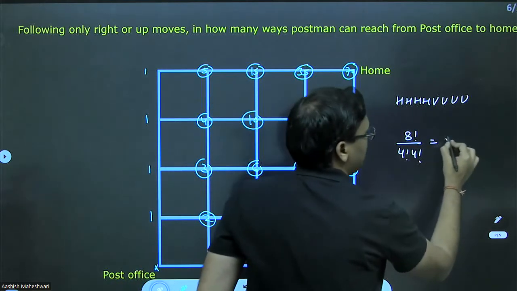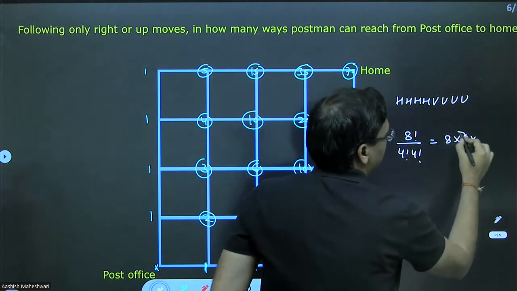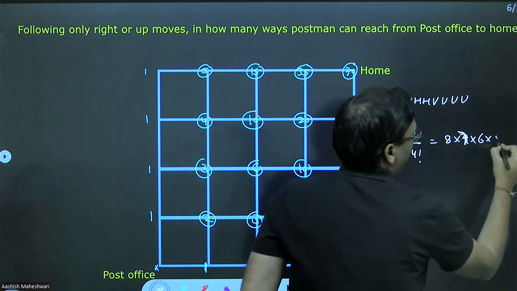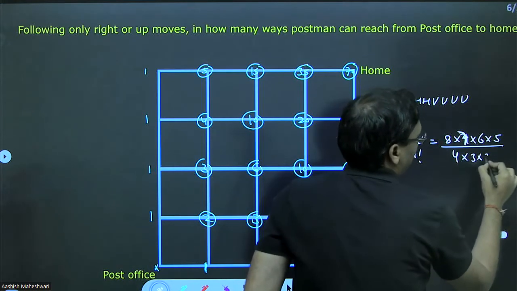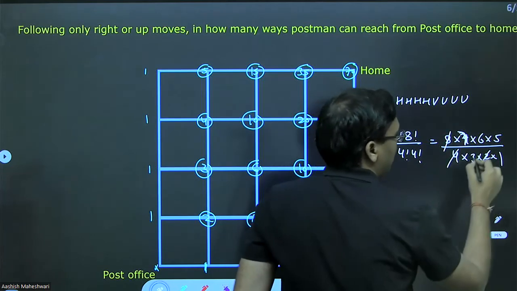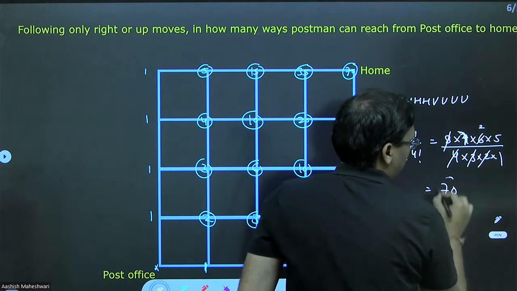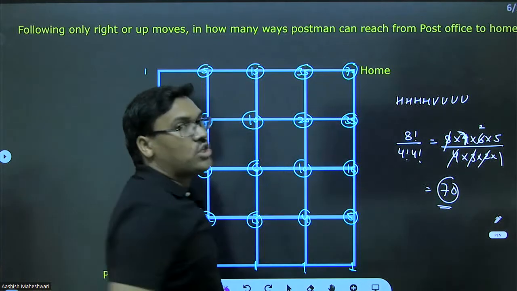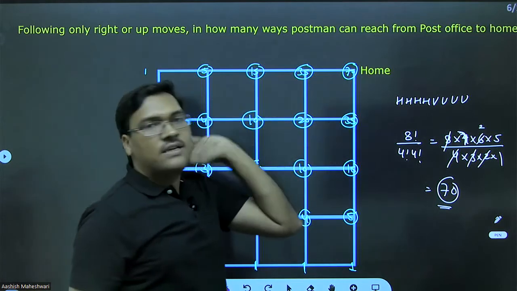If you just check this, this is 8 into 7 into 6 into 5 divided by 4, 3, 2, 1. So you can see this is cancelled and this is also cancelled. So this is 70. Total number of ways from this place to this place via shortest possible path, following the right move or up move, 70 ways.